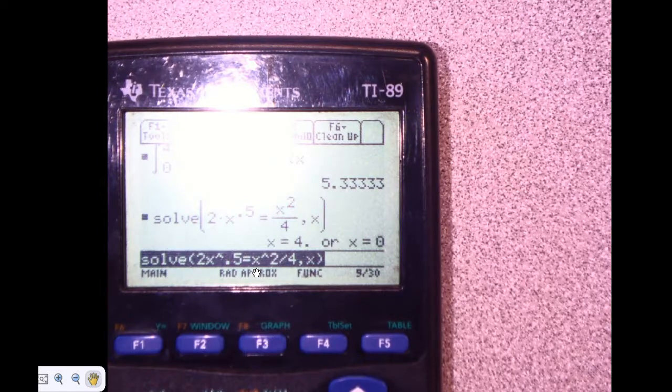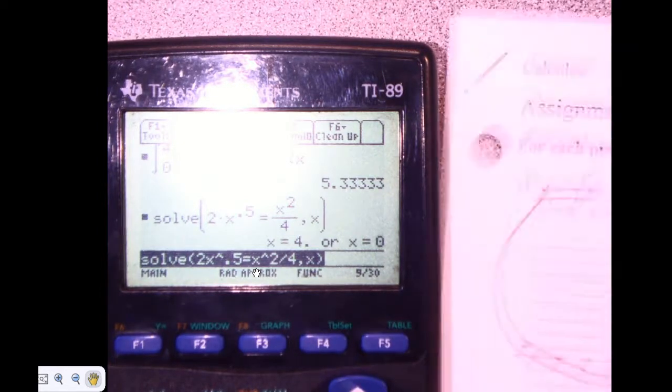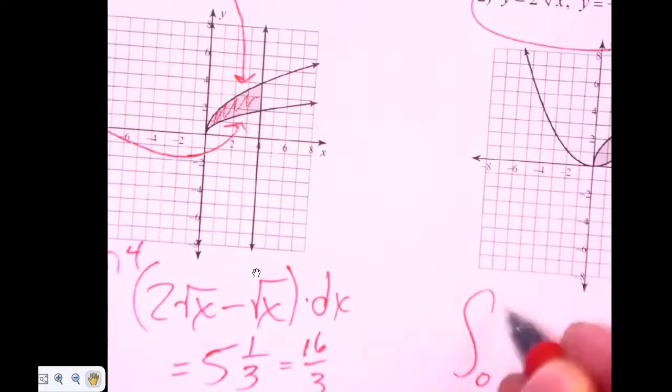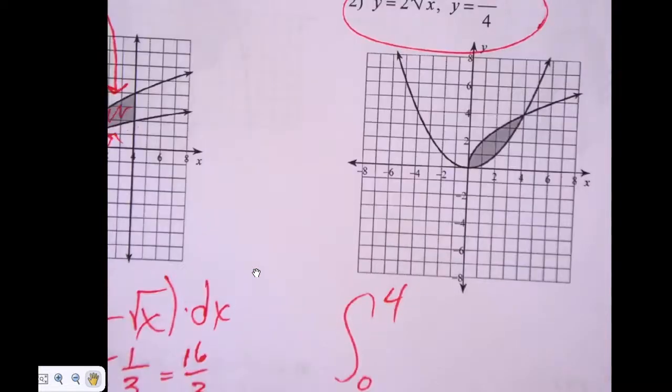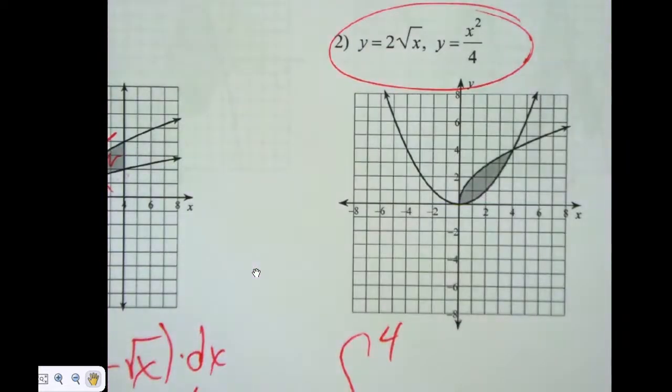Even if I didn't have a graph, I could still set this up and see that's from 0 to 4. Again, if I don't know which one's on top, plug in a number. I'm going to plug in 1 to both, and whichever one comes out to the bigger y value, that's the one that's on top. Whatever one comes out to a smaller y value, that's the one on the bottom.